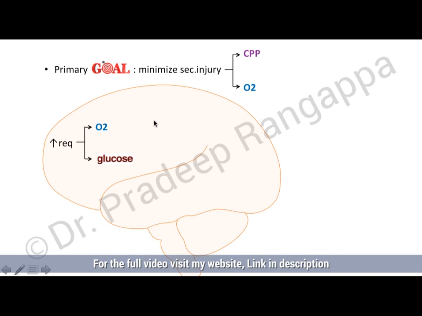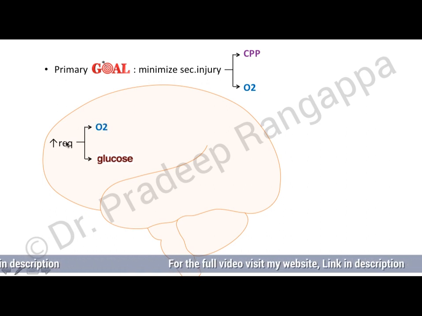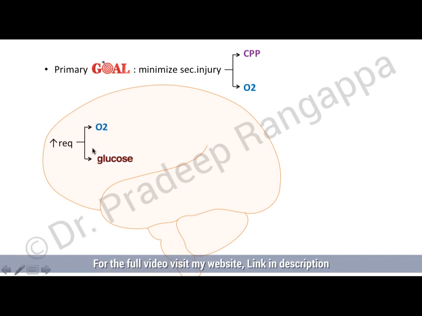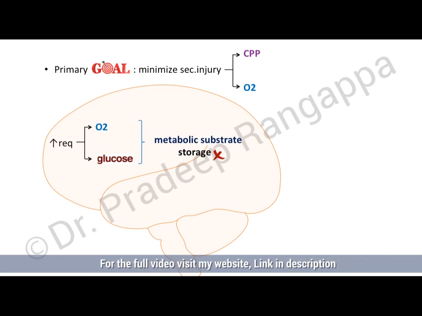So if you look at the brain, in traumatic brain injury, since it is injured, there is increased requirement of oxygen and glucose. This is the basic premise, that the requirements for oxygen and glucose tend to increase, and this happens in the setting of failure of metabolic substrate storage that happens in traumatic brain injury.